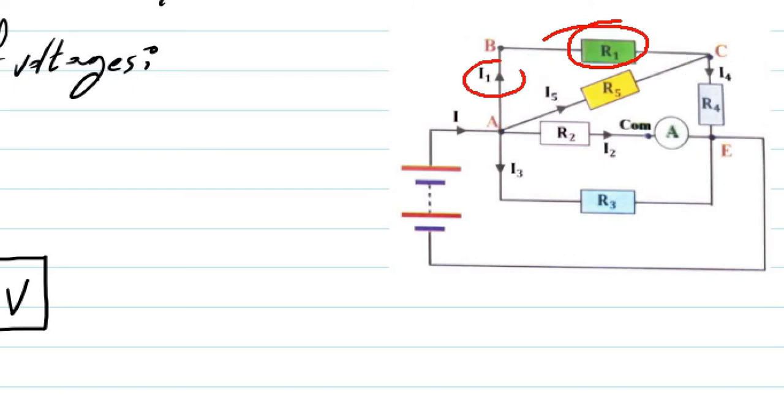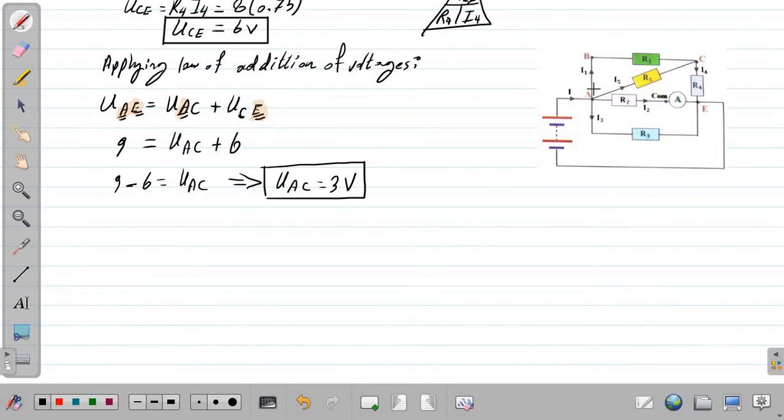Okay, the current passing through R1 is I1, so we can use Ohm's law since the voltage UAC is known, and also the resistance of the resistor.